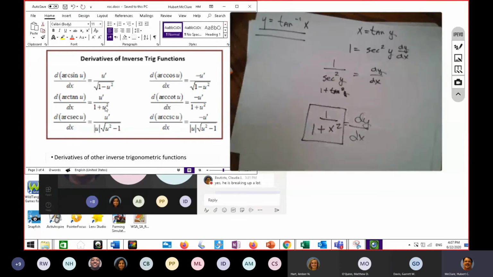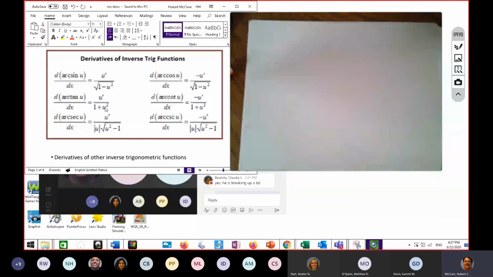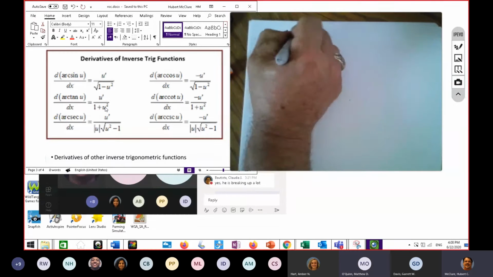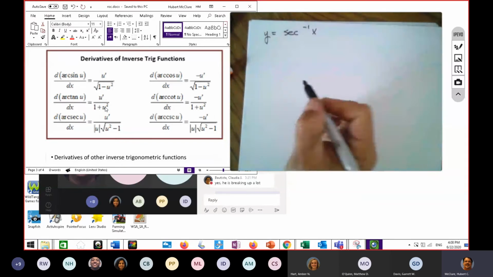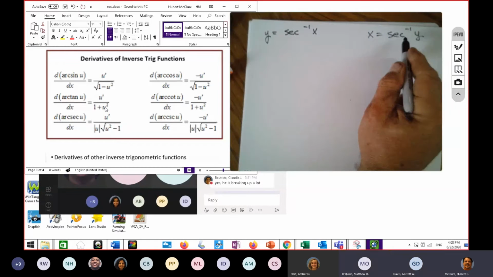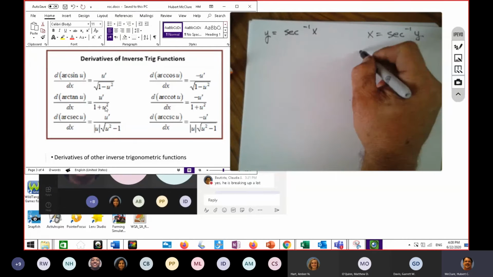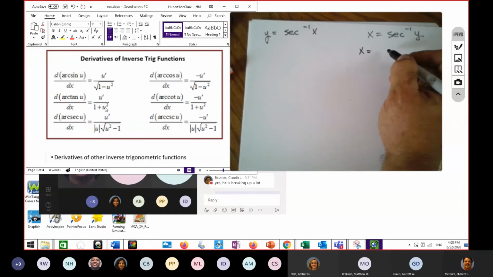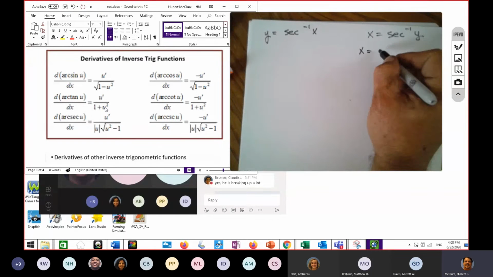And I'll show you the secant. I'm not going to go through every single step. Y is equal to inverse secant of x. Well, that's going to be x is equal to the secant of y. If you take the derivative of the secant, that's sec tan. So 1 is equal to sec tan dy dx.